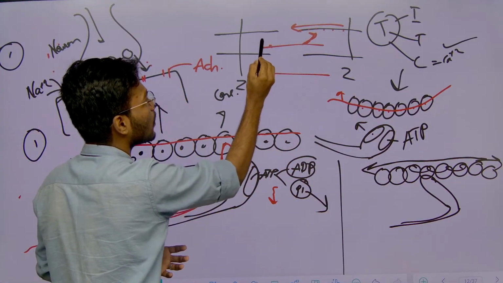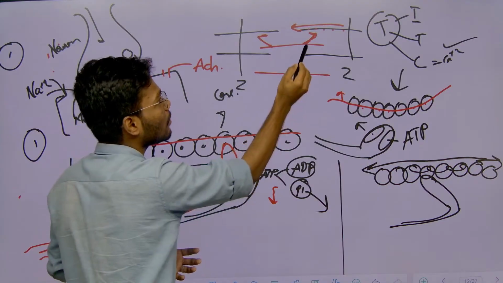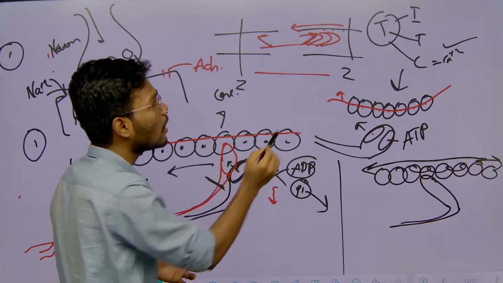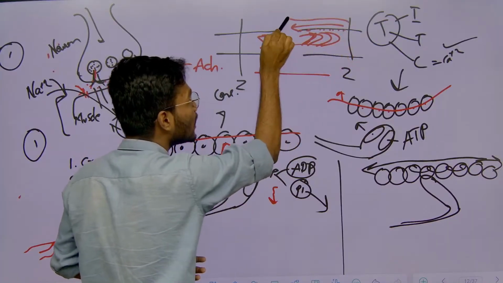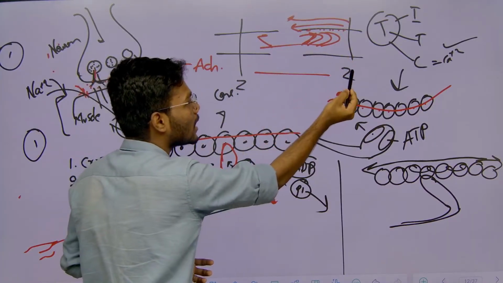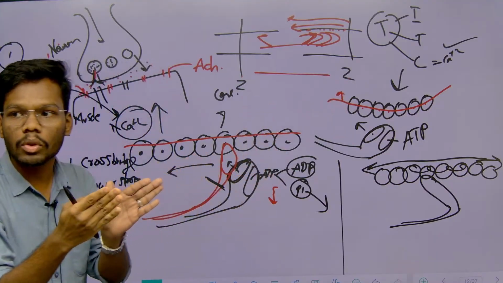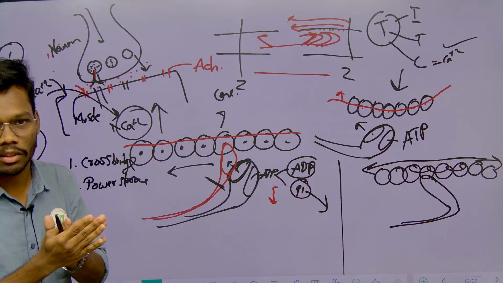For example, here myosin heads like this. Power stroke happens, power stroke happens, power stroke happens. All these actin molecules pull inwards. What happens? The Z line is shortened.